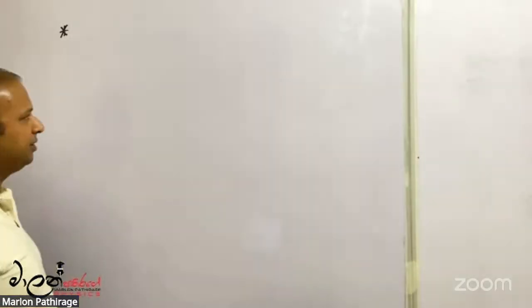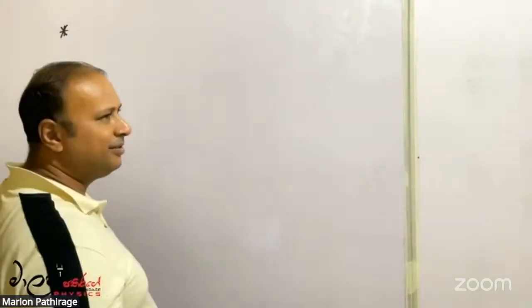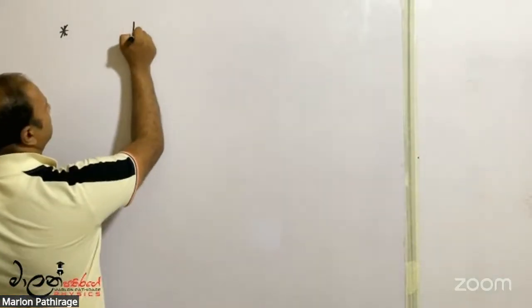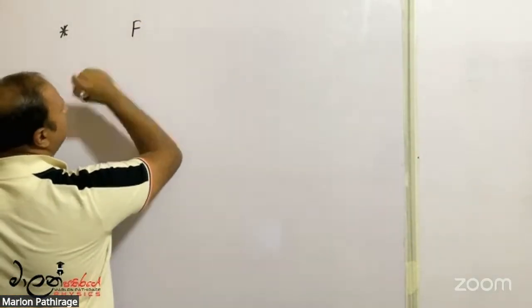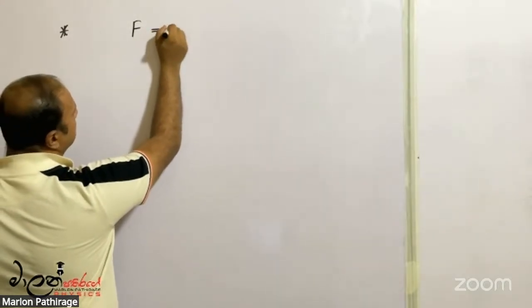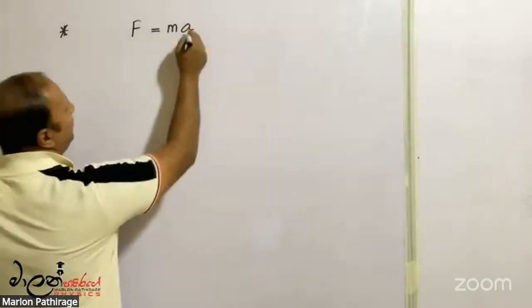How to do that? Suppose you are given this equation. F equal M is square.